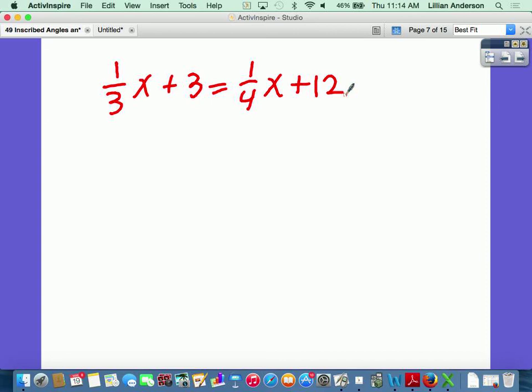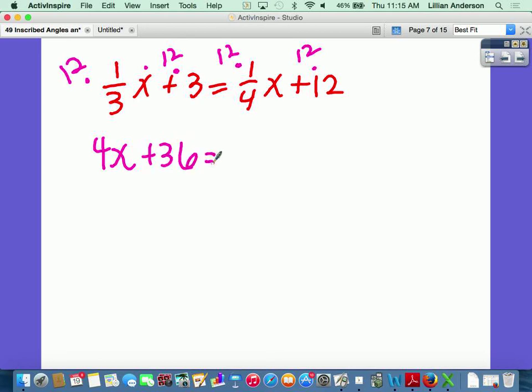So just multiply every single term by 12. What is 12 times 1/3? So this becomes a 4x. What is 12 times 3? 36. What is 12 times 1/4? So that becomes a 3x. And what's 12 times 12? No more fractions, right?